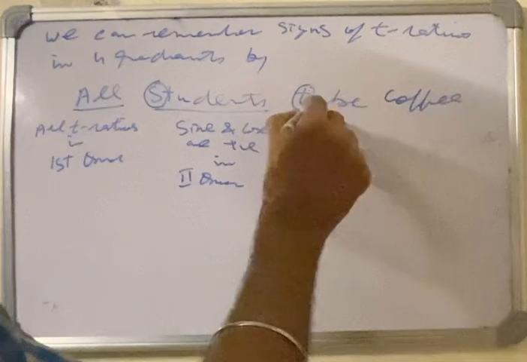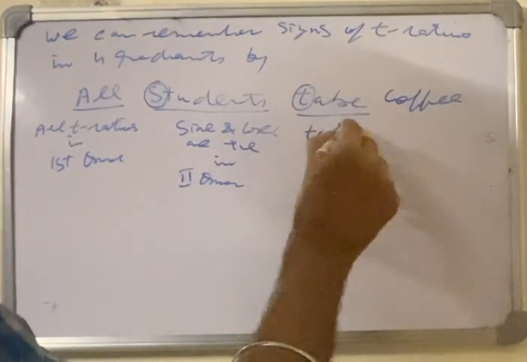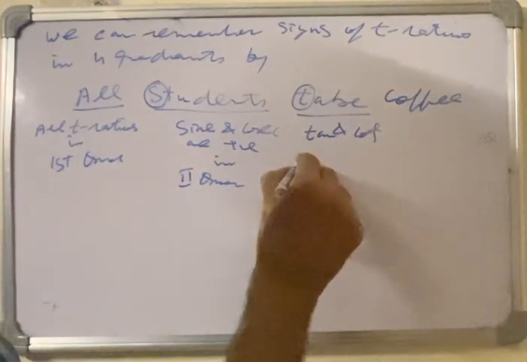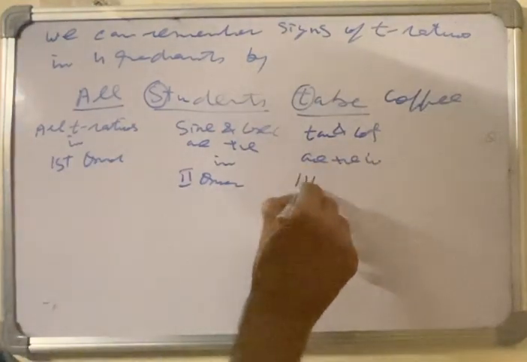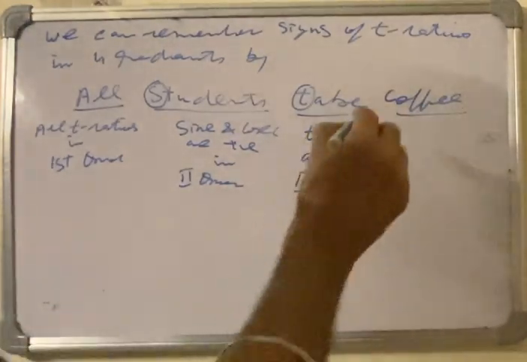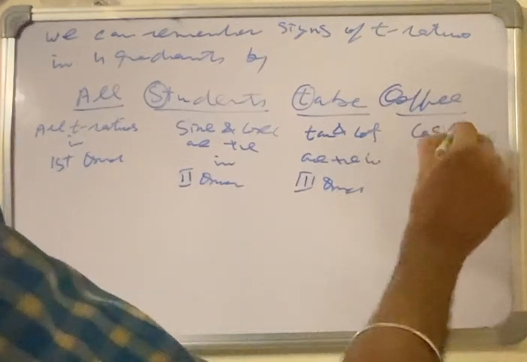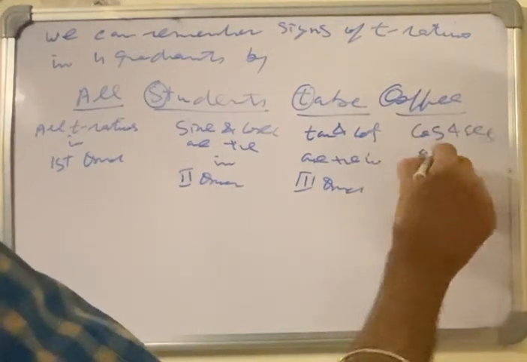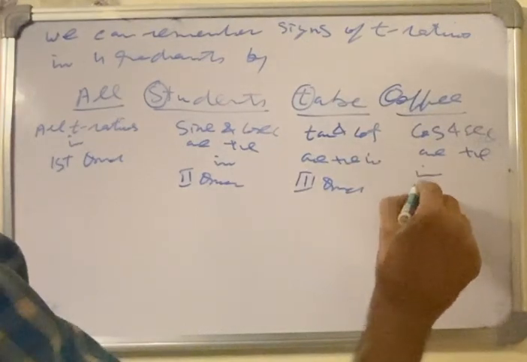Then T stands for tan. Tan and cot are positive in third quadrant. Then last C stands for cos. Cos and secant are positive in fourth quadrant.